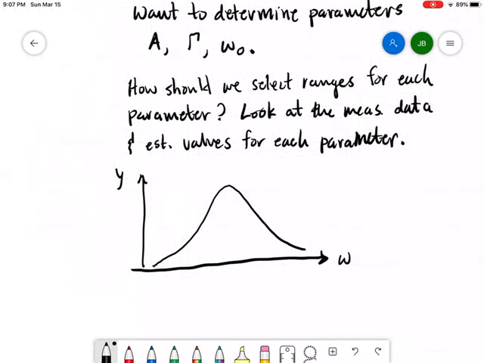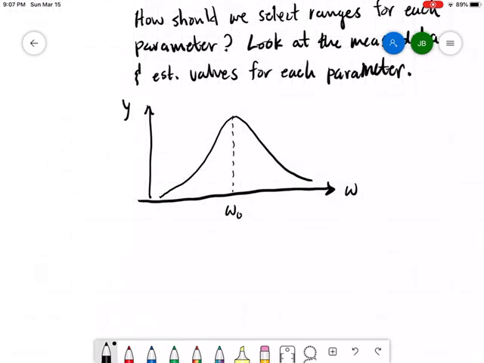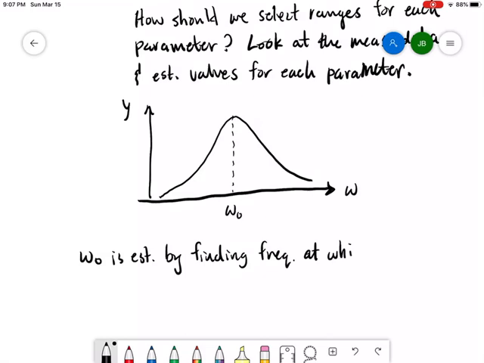So it must be the case that our function peaks when frequency is equal to omega naught. In other words, we could estimate omega naught by looking at the frequency where the measured data is a maximum. So omega naught is estimated by finding the frequency at which y is a max.